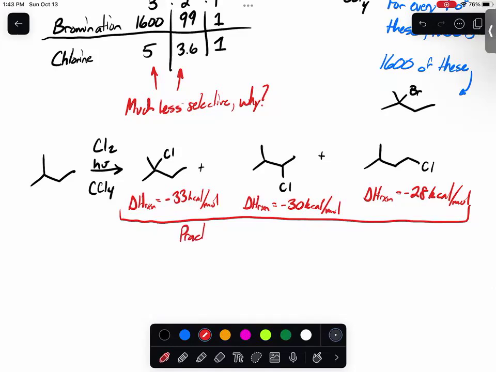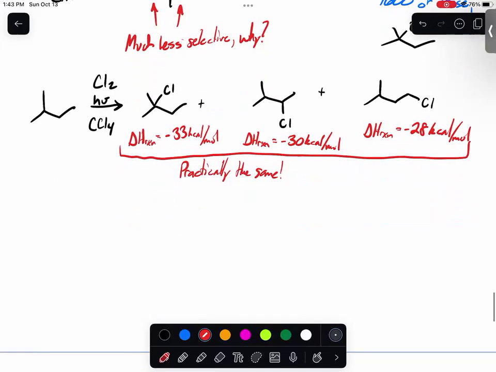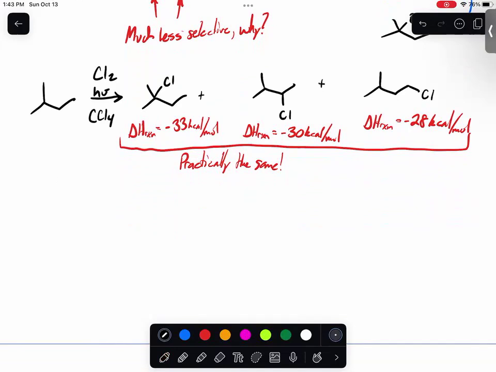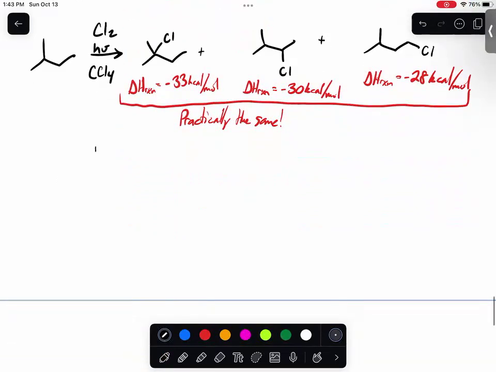If we were to look at an energy diagram of the overall reactions, we can do the exact same one that we did for the bromination, where we split it up into the different pieces. The first part will still be initiation.